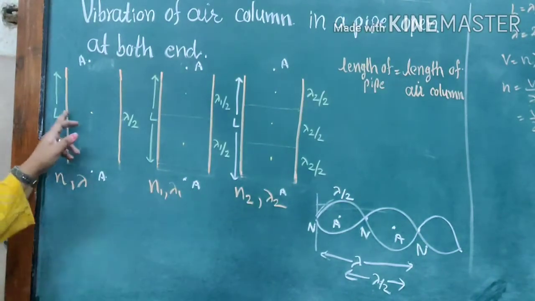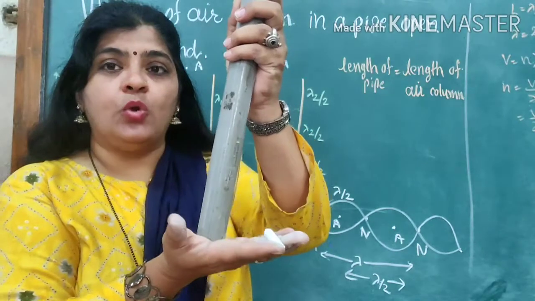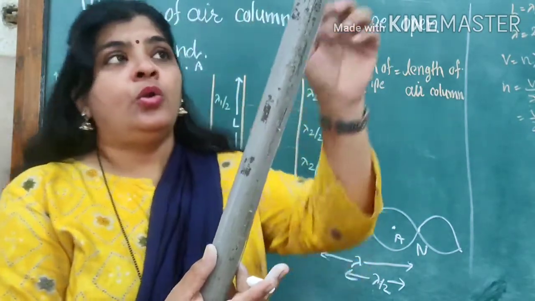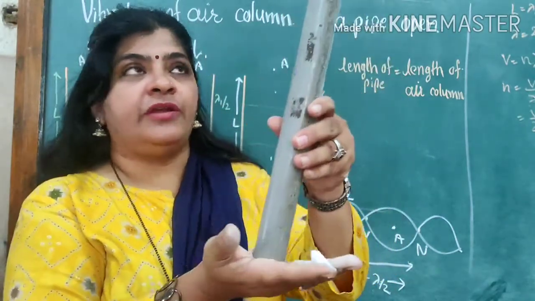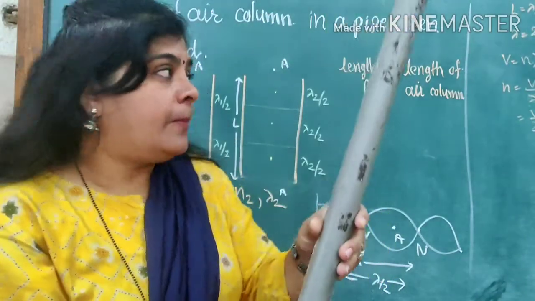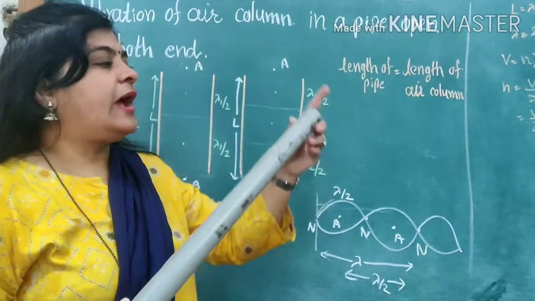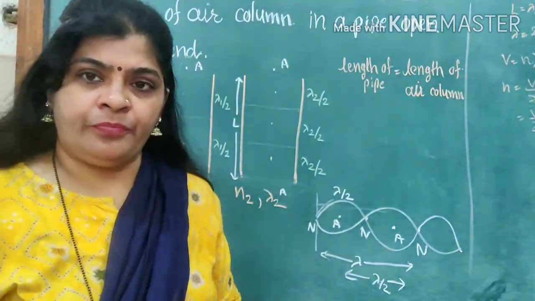Now see, if the pipe is closed at one end, then the boundary condition is that the node is always formed at the closed end. That's why here an antinode is formed and here a node is formed. But in this case the pipe is open at both ends, so an antinode is formed on one side, and an antinode on the other side.